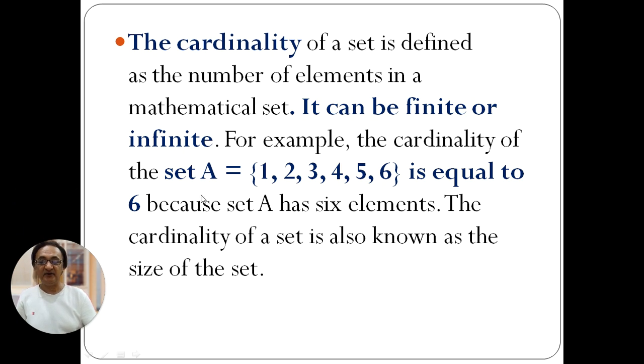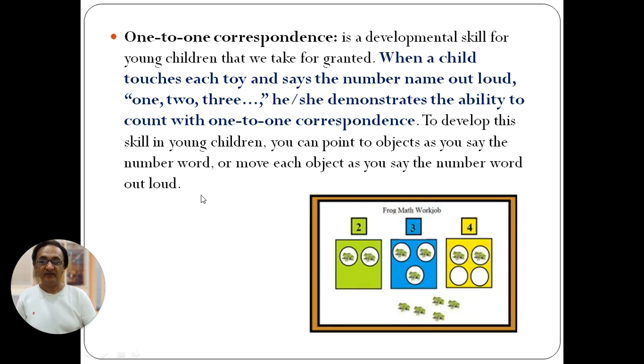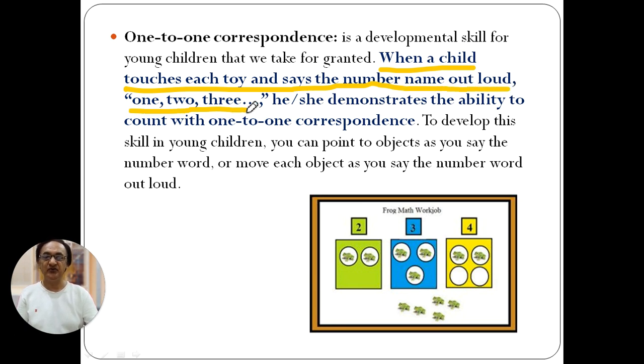Now let's talk about further one-to-one corresponding. This is another method. You can teach the numbers. Now what is the one-to-one corresponding? Let's see. If you look at this line, when a child touches each toy and says the number aloud, 1, 2, 3.